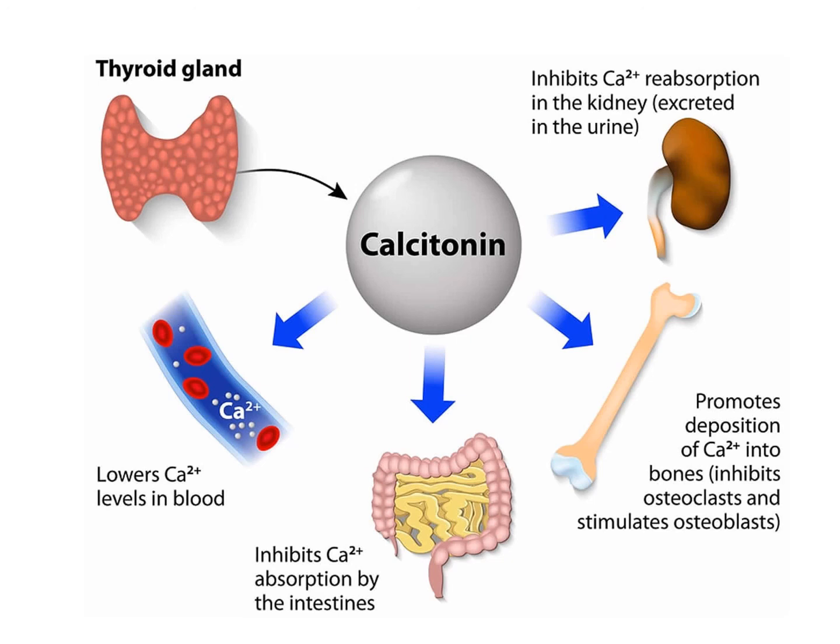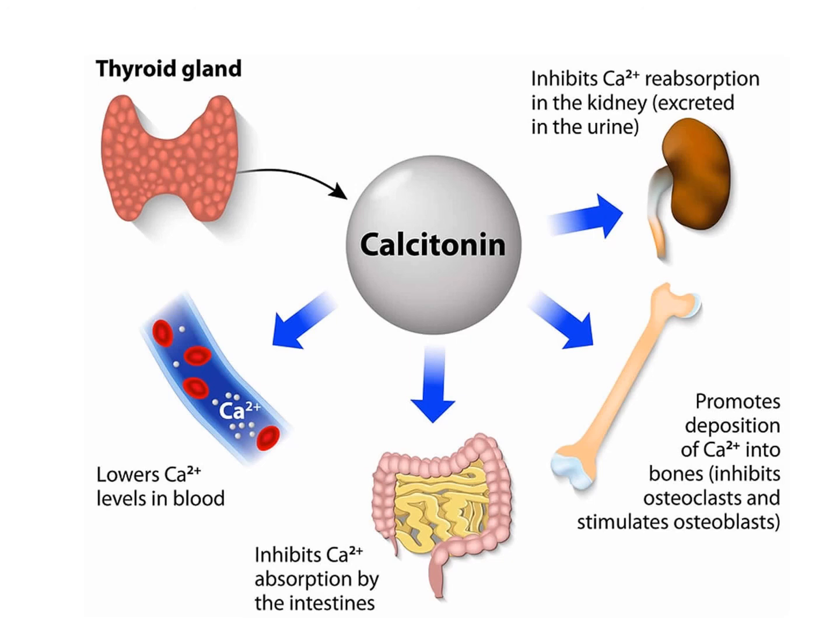It'll lower serum calcium that we see on the left there. It inhibits calcium reabsorption in the kidney. So calcitonin is all about lowering serum calcium. And it's all about having these mechanisms of homeostasis, right? So you have parathyroid working to break down some bone to release calcium into the bloodstream.